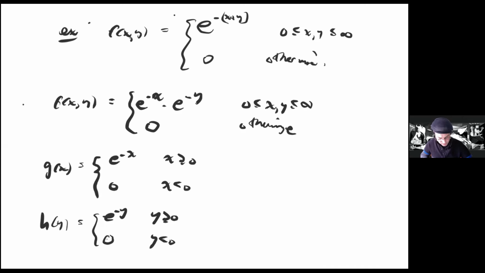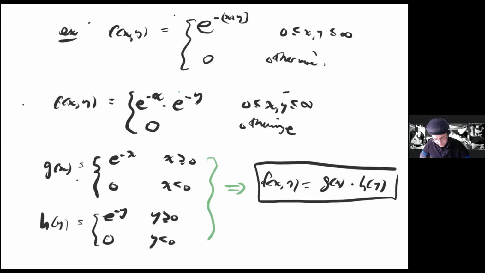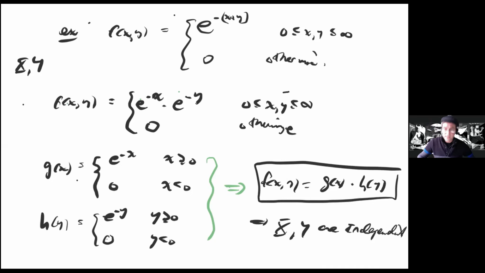Then f of xy is equal to g of x times h of y, and we're done. That means that if x and y have this joint PDF, then x and y are independent. Okay, that's it for today. We are done for now.